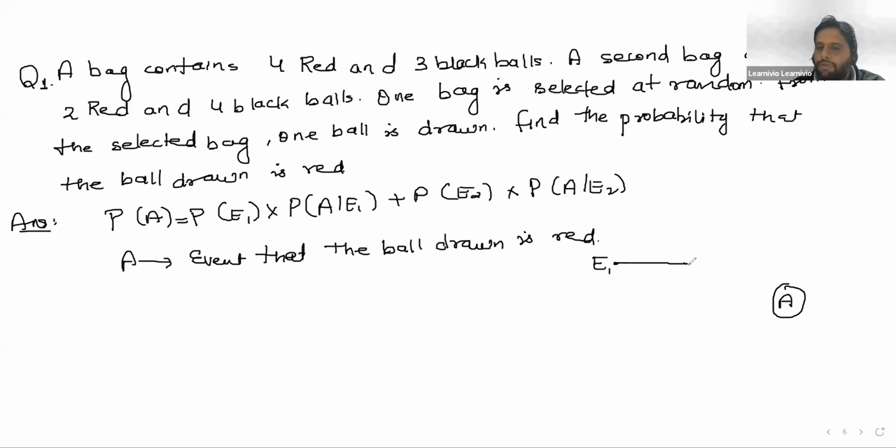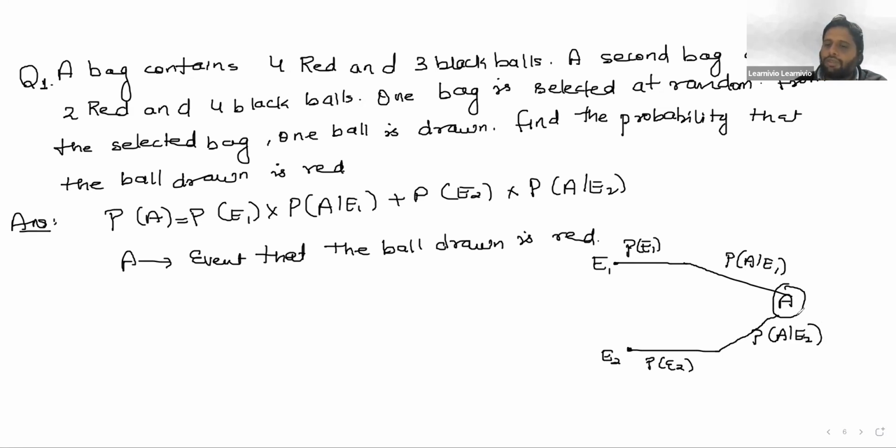Suppose we have selected the first bag, then from the first bag you will draw a red ball. So first you select E1, we calculate its probability, then from the first bag we select a ball, P(A by E1). Similarly, we select E2, then from E2 we select a ball, P(A by E2). So always write the event which you need to find and check how you will reach it.